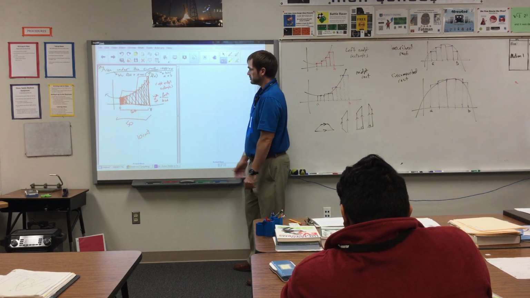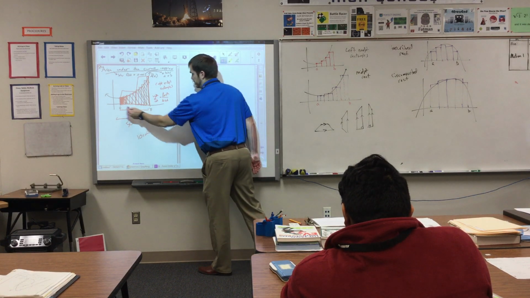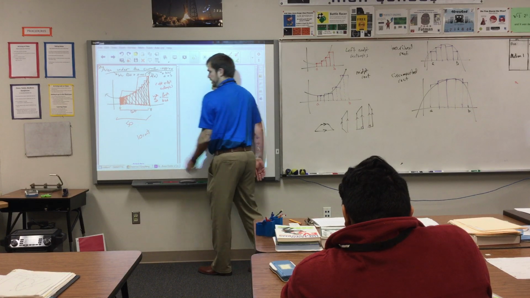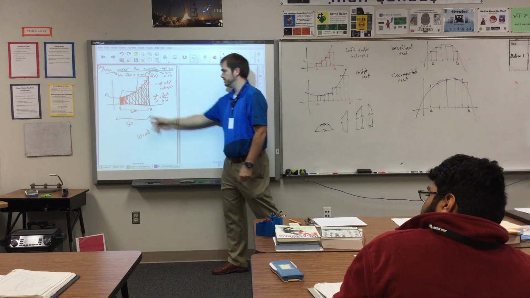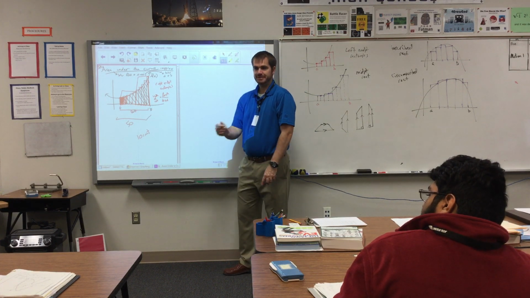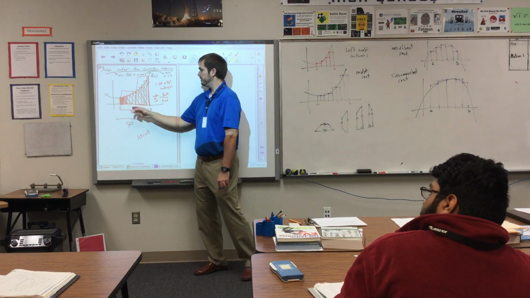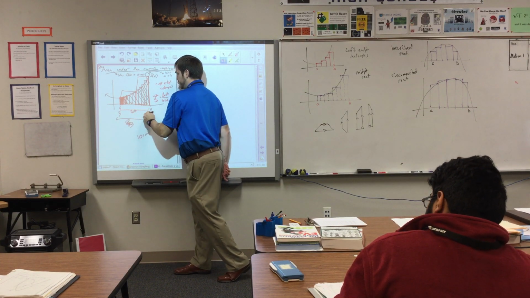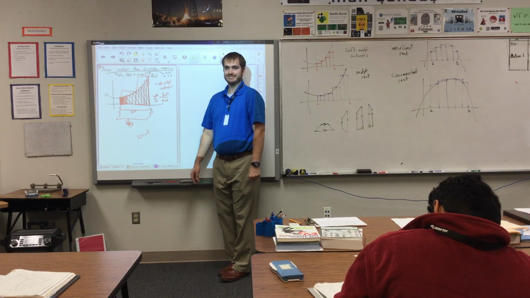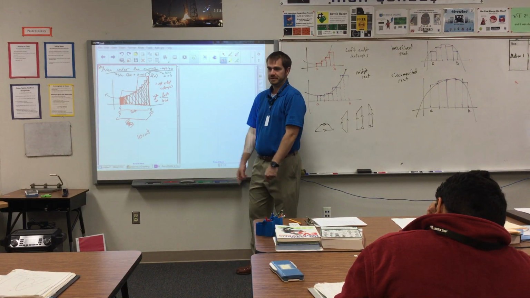So how can you tell the distance between A and B if those were actual numbers? What if I said this was 3 and this was 10? Subtract, yeah, you could subtract them.